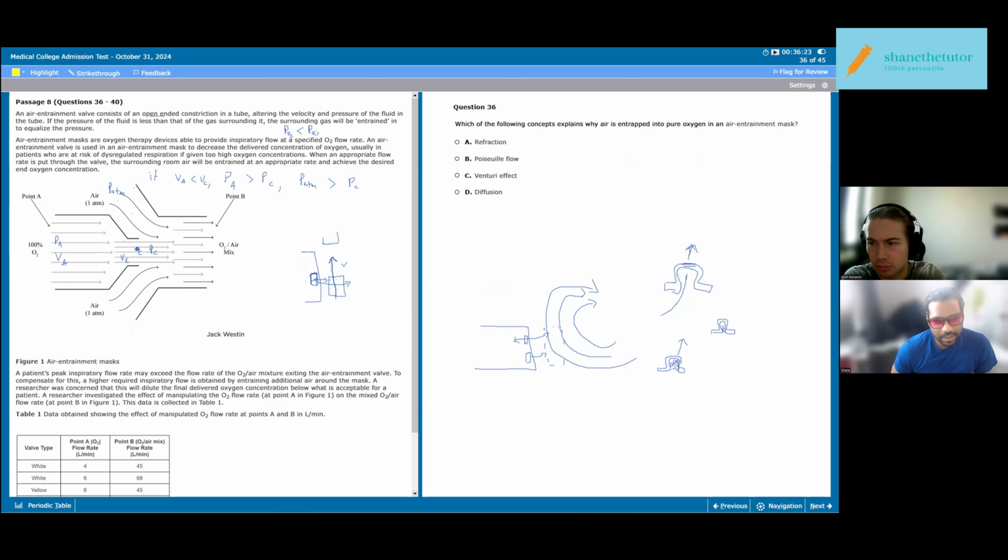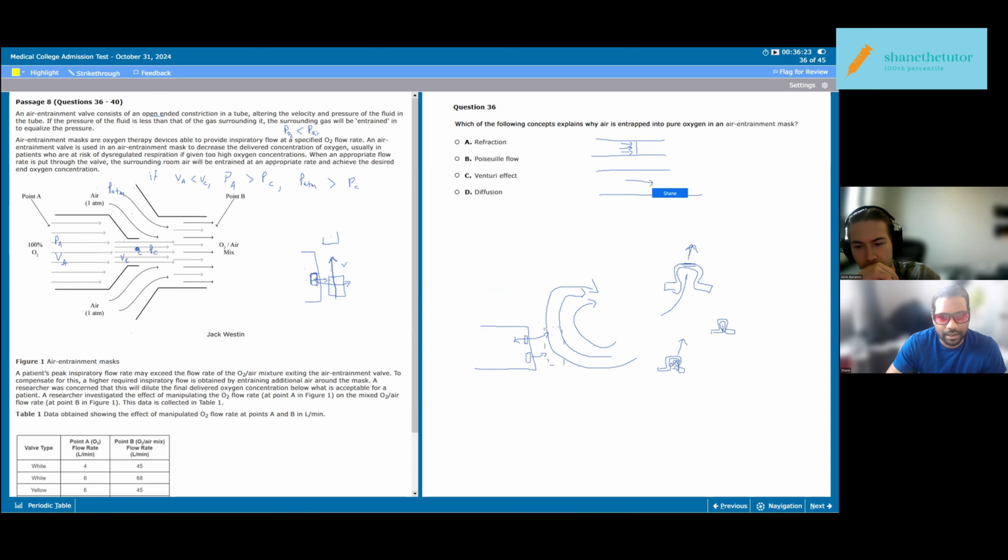Poiseuille flow, in which you would see things like, if the arrows are equal, it'll be like ideal laminar flow.